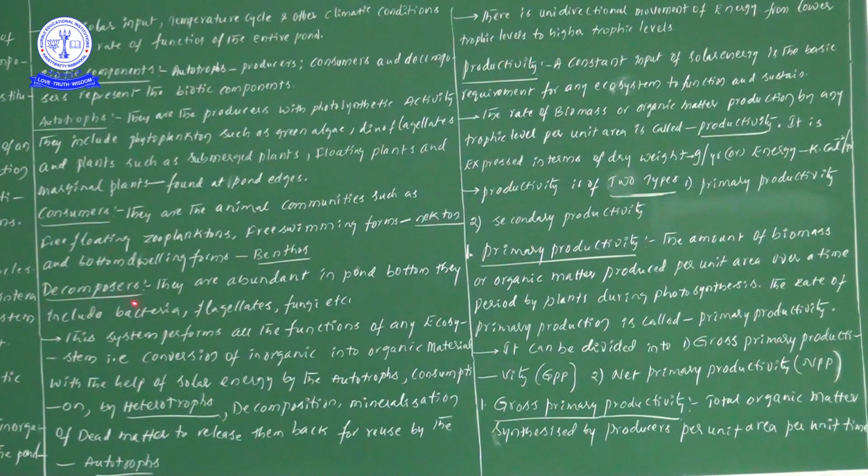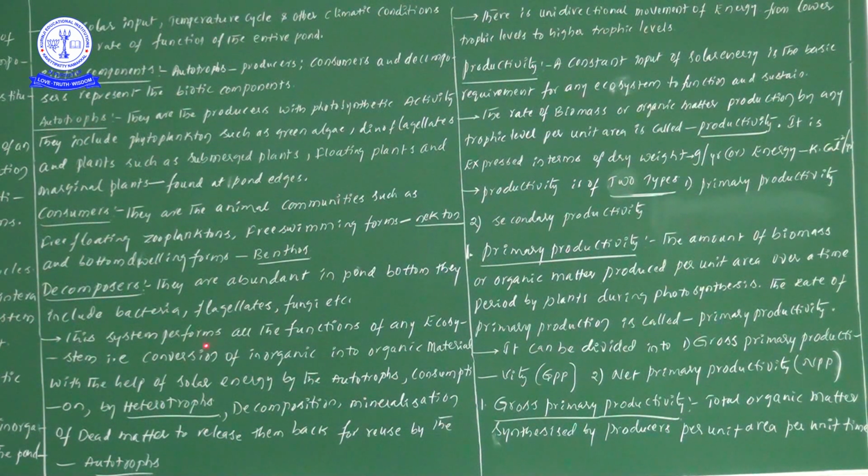Don't forget, decomposers are all the time present at the bottom of the pond. Examples include bacteria, flagellates, and fungal members, etc.